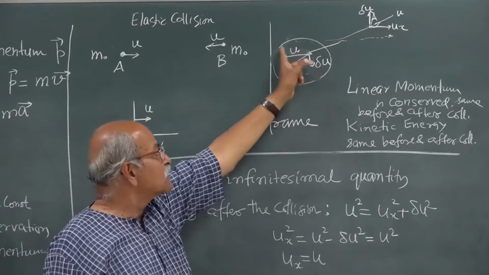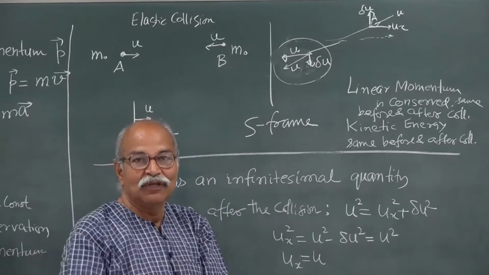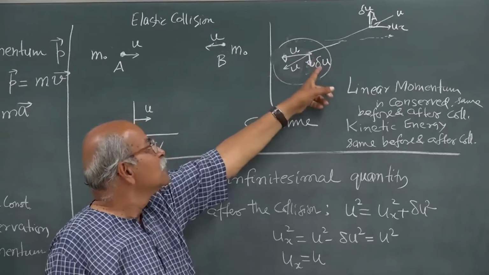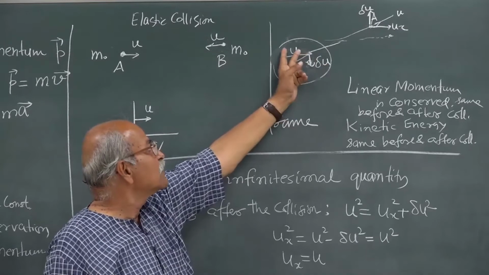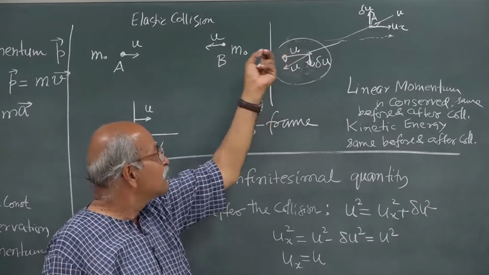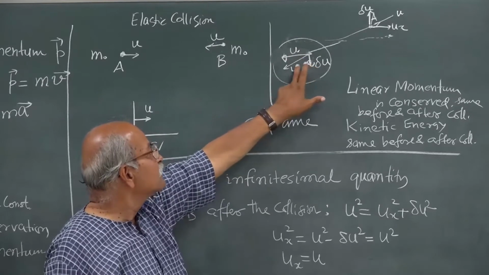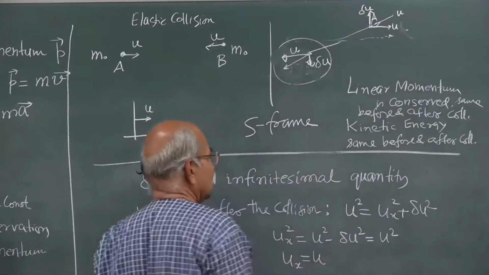Just like sin theta by theta goes to 1 when you have small theta, similarly u squared plus delta u squared will go to u squared when delta u is small as compared to u. So we have taken that particular case, and therefore your components are u and delta u here, and similarly u and delta u here.